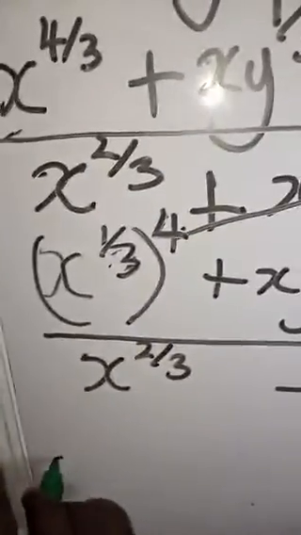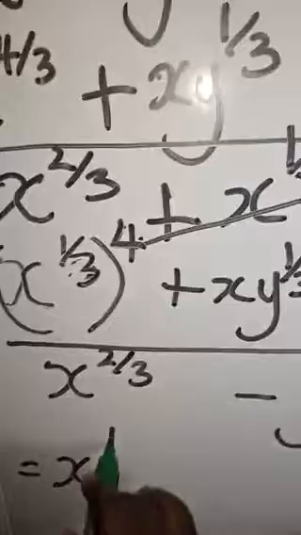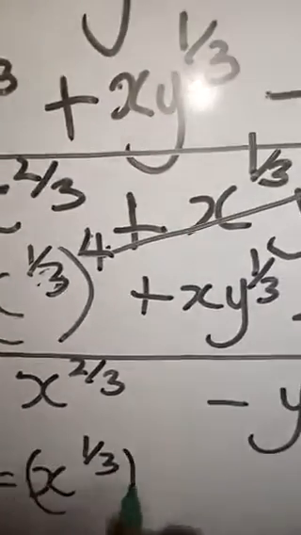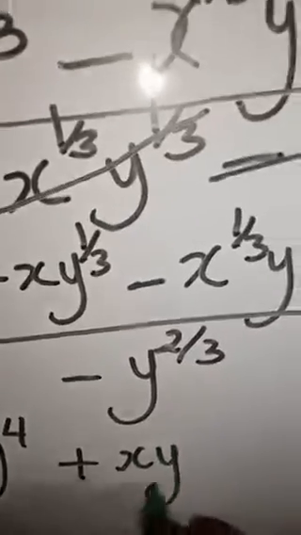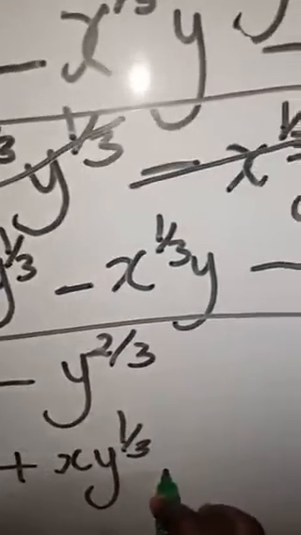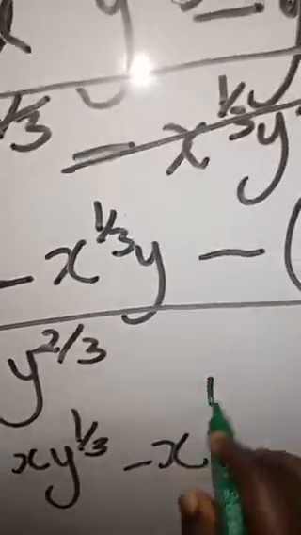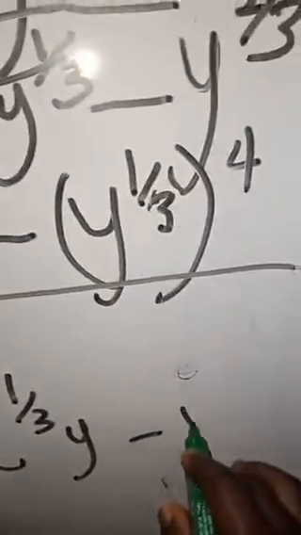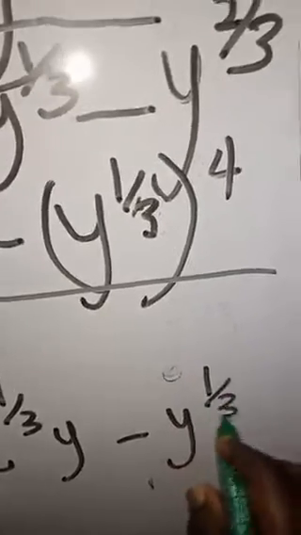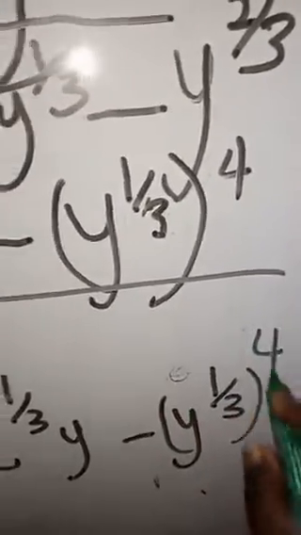And this is equal to x raised to power 1 over 3 raised to power of 4 plus xy raised to power 1 over 3 minus x raised to power 1 over 3 y minus y raised to power 1 over 3 raised to power 4.